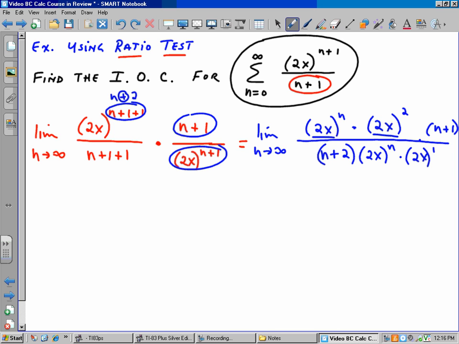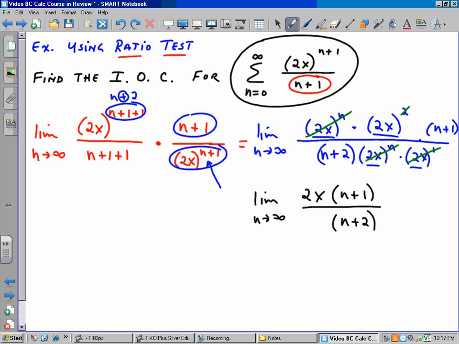Again, when I multiply with the same base, I add the exponents. The reason we want to do that is because 2x to the n and 2x to the n can cancel. I've got 2x here, and two 2x's up there. So this turns into the limit as n approaches infinity of 2x times n plus 1 over n plus 2.